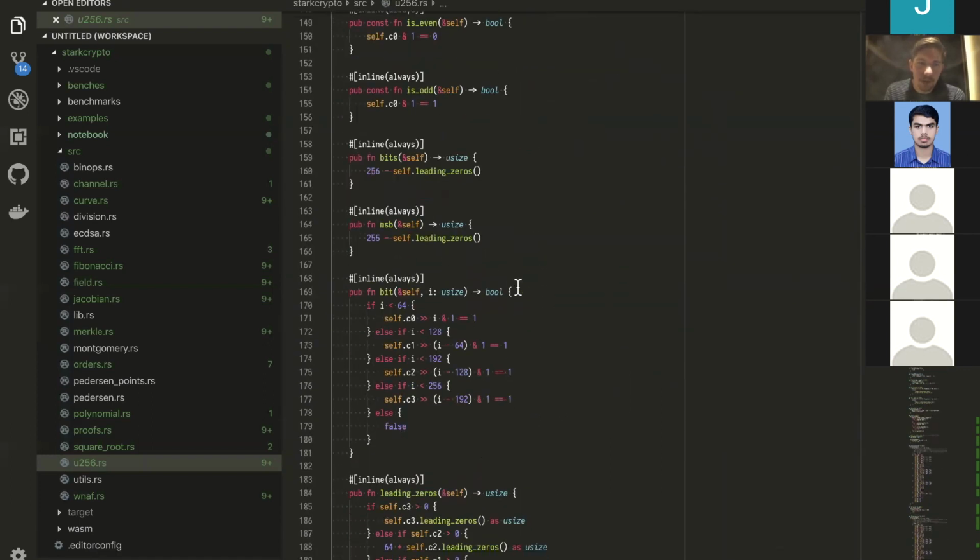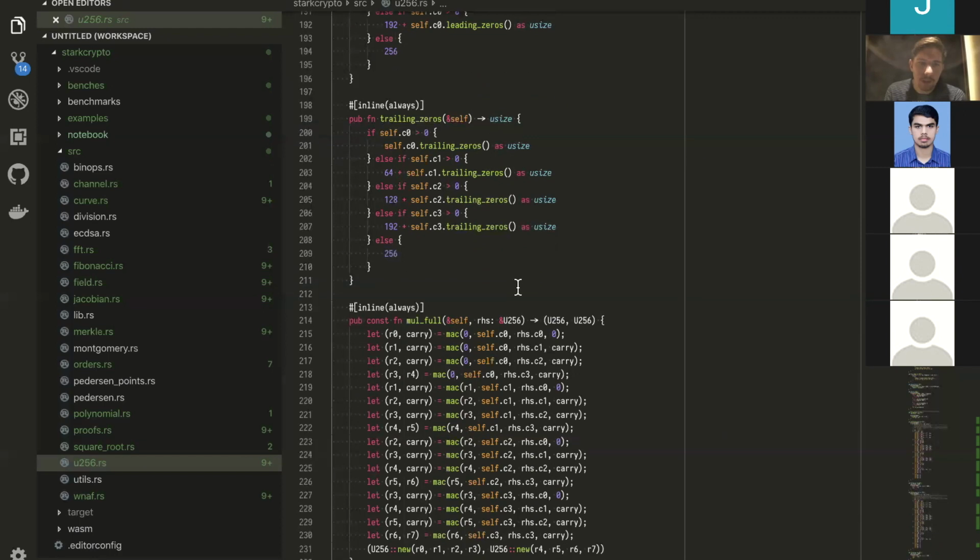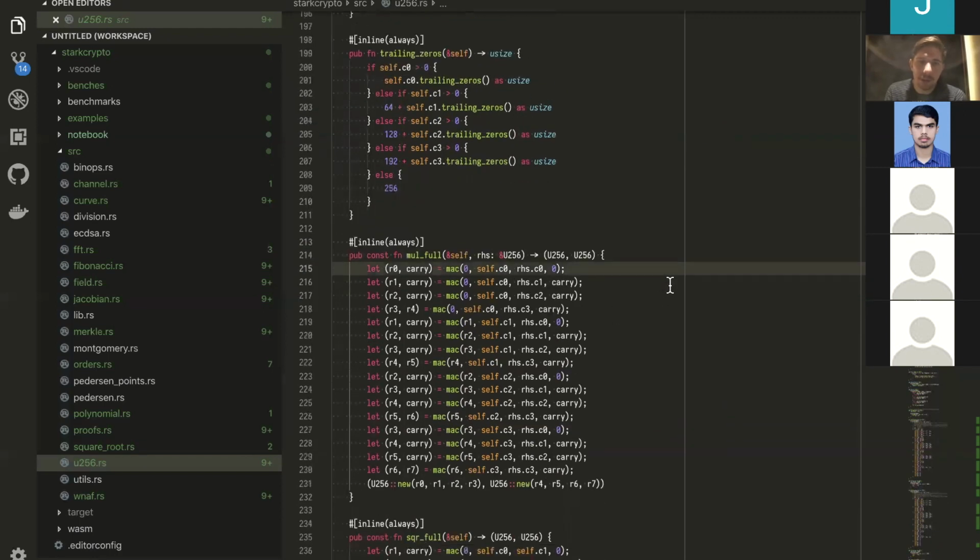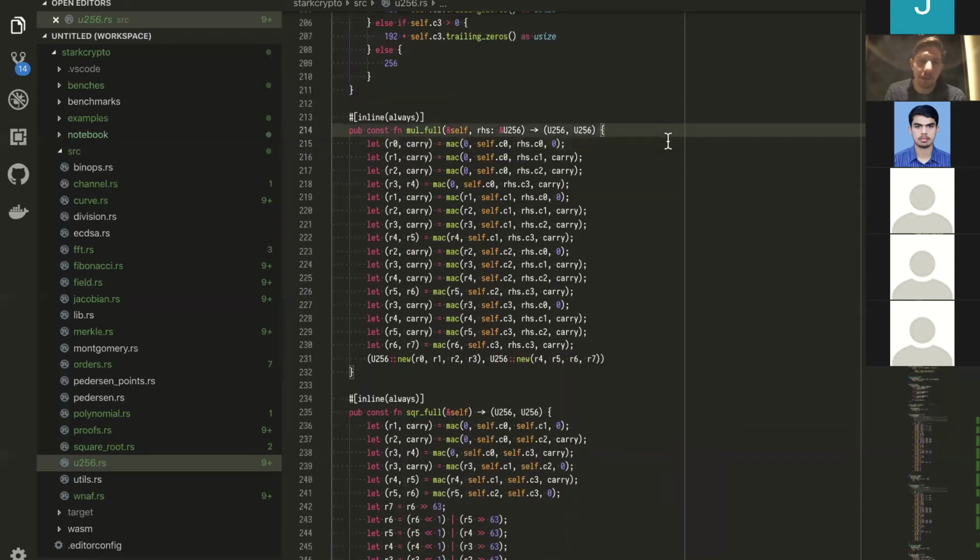Let's see, the other interesting routine, and probably the most interesting routine in your entire code, is going to be multiplication. In this case, this is a full multiplication, so it takes 2 256-bit numbers, and it results in the highest 256 bits of the result and the lowest 256 bits of the result. And the amount of instructions here, you can see all these max.